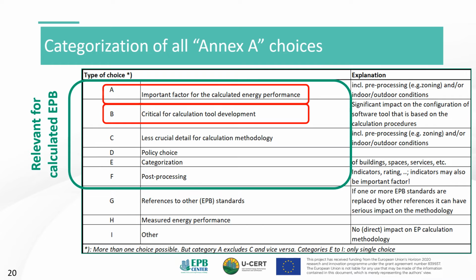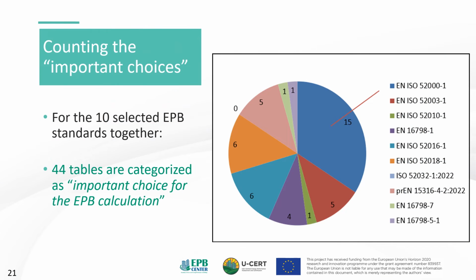But if we leave aside the less crucial details, we concentrate further on the important factors and on the critical factors for the calculation tool development, and then we can further see whether these concern post-processing, categorization or a policy choice. So for the 10 selected EPB standards together, we count 44 tables as important choice for the EPB calculation, and they are divided over these 10 selected standards, as you can see here in this pie diagram.